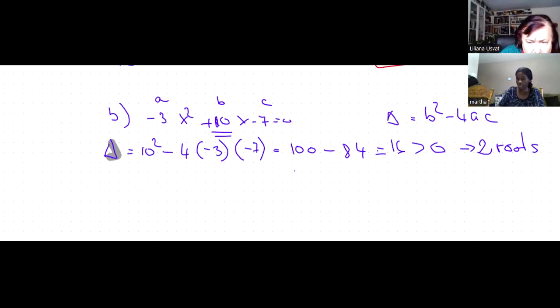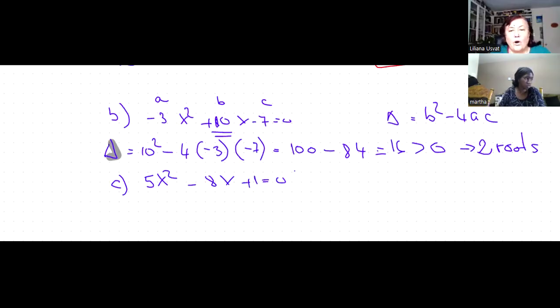5x squared minus 8x plus 1 equal 0. So the discriminant is using the same rule, b squared.